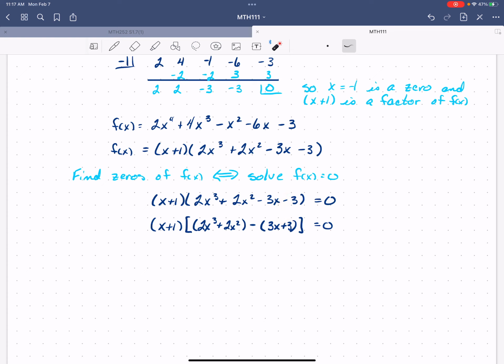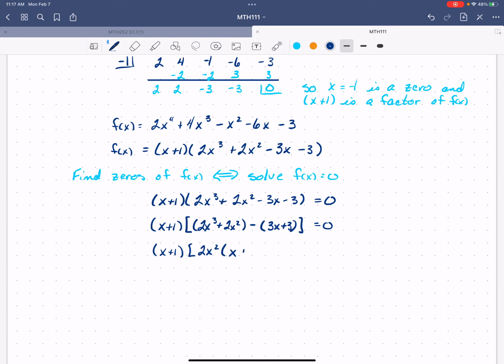But now look at what I've got. I've got 2x squared times x plus 1 minus 3 times x plus 1. Those x plus 1's match. So let's write all this out. I've got x plus 1 times, I'm going to factor the 2x squared out of that first group.